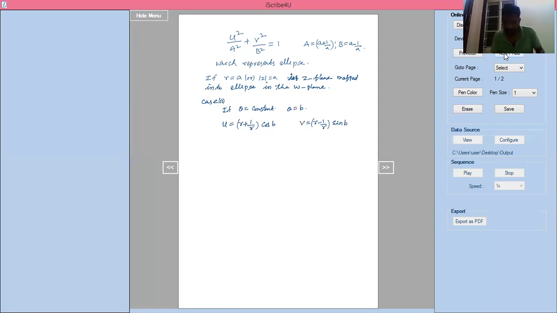Now, if you square it on both sides, u square plus v square equal to r plus 1 by r whole square into cos square b plus r minus 1 by r whole square into sin square b.